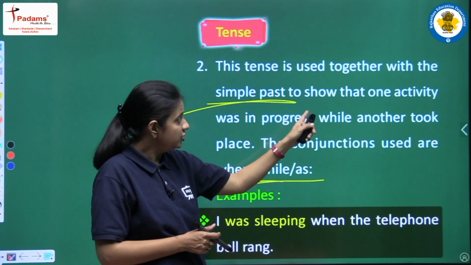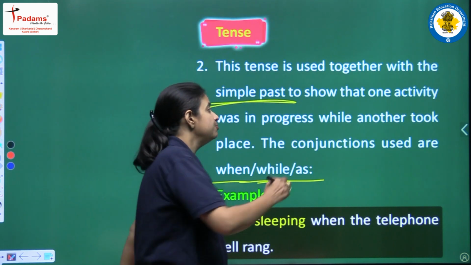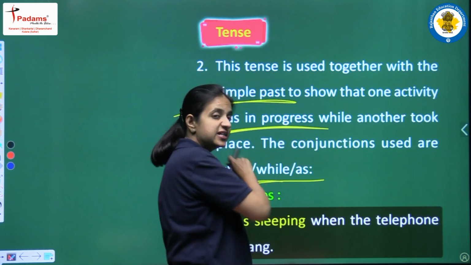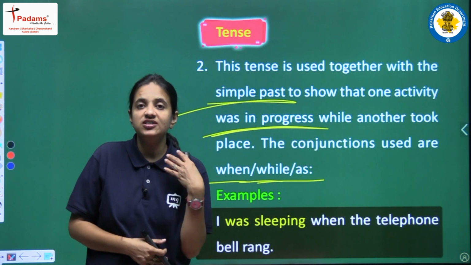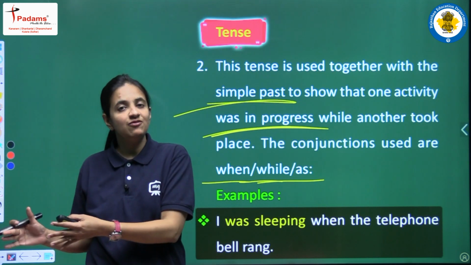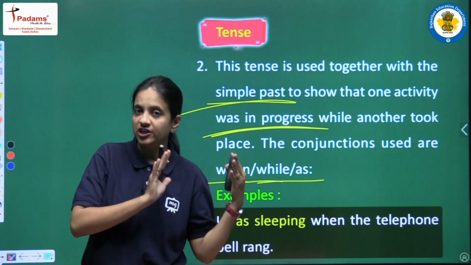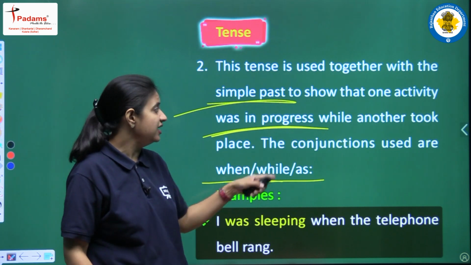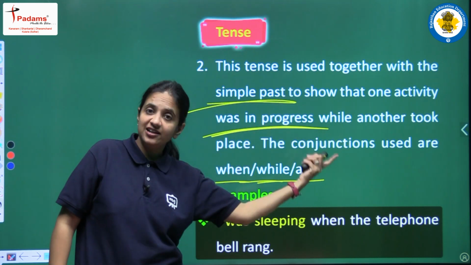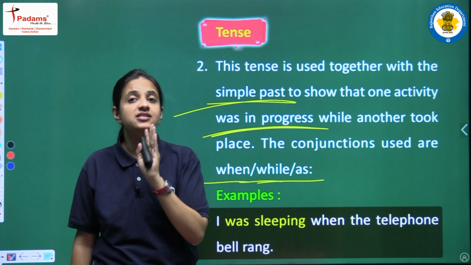Why? Because we will show that one activity was in progress, it means continuously going on, so that activity we will write using past continuous tense, and the second activity that took place, so that activity we will write using past simple tense.